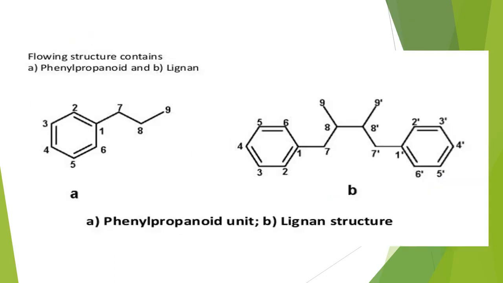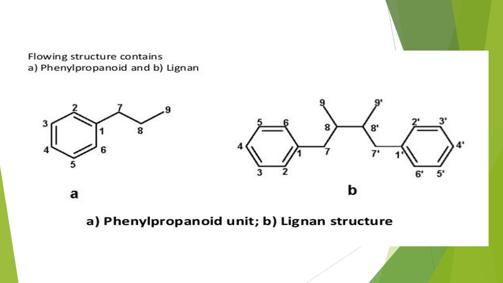Then the following structure contains phenylpropanoid and lignan. You see, A and B. A is the structure of phenylpropanoid, that is, the phenyl group, and then 3 carbons, C6C3.